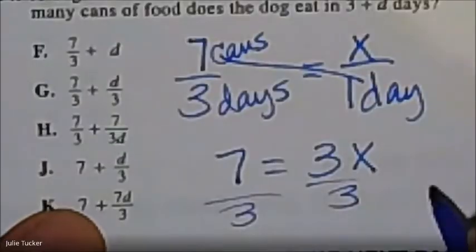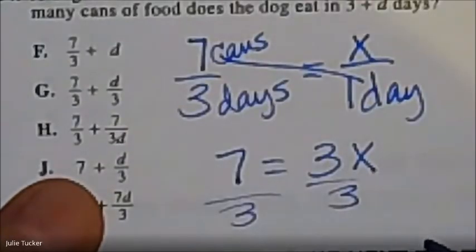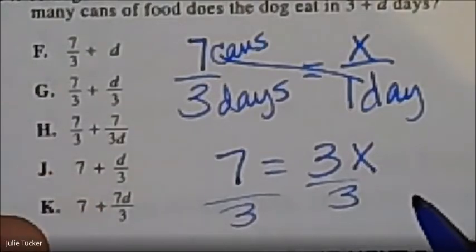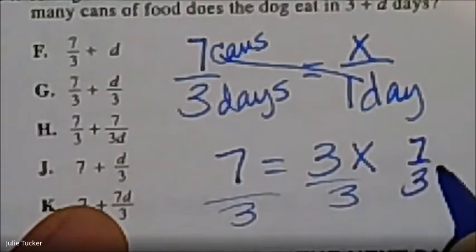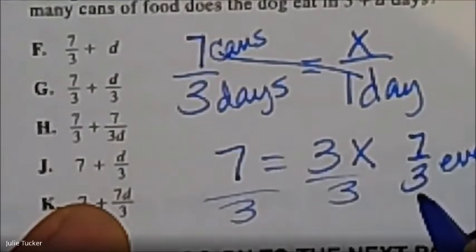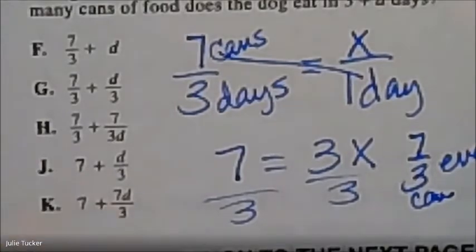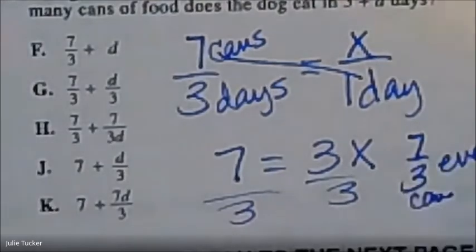So basically it's 7/3 in a day. 7/3 of a can every day. So that's how much it is every day.